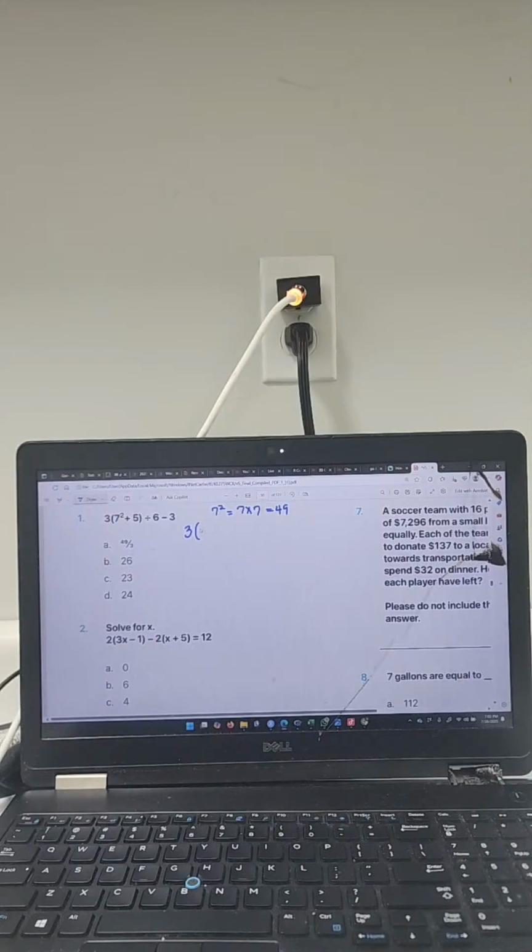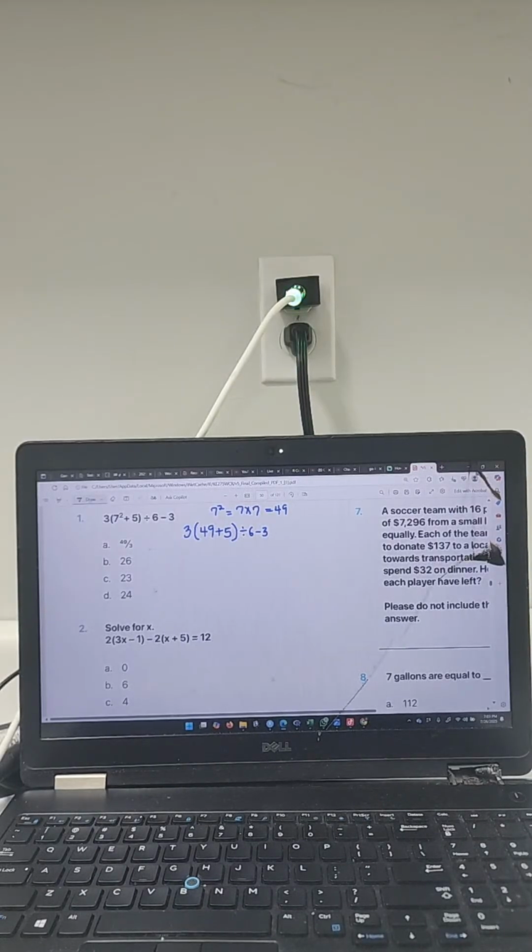So here in the parentheses, you have to solve the parentheses first. We have 49 plus 5, divided by 6 minus 3.